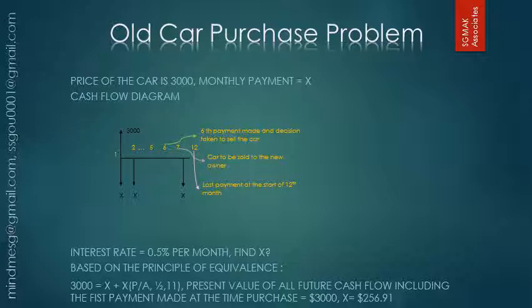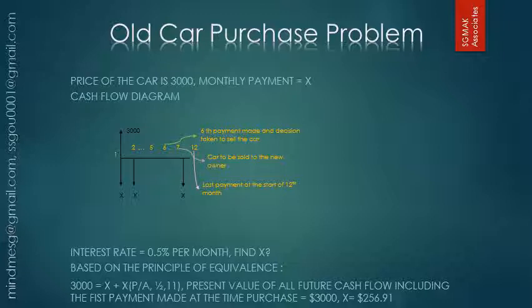So first, the most important principle in economic analysis is the principle of equivalence, and that's the equation here. On the left hand side you have $3,000, which is the present value of the car. On the right hand side you have the annuity payment X, unknown, which you're making right now, plus X times P over A, 1/2, 11.